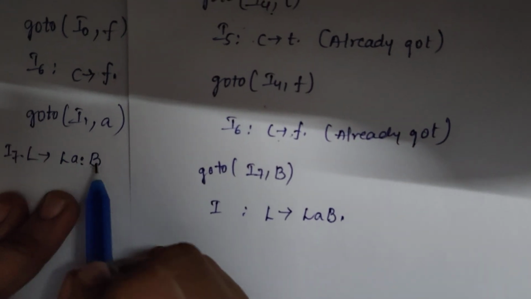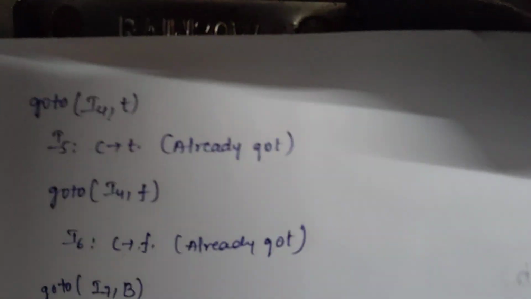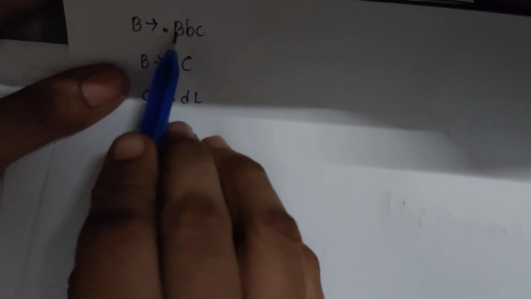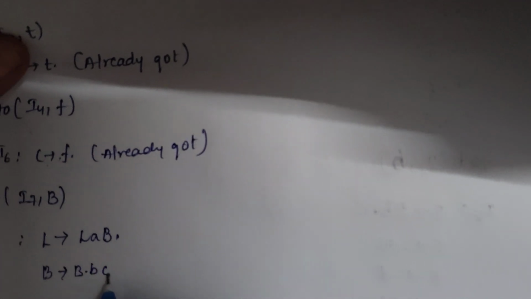Only one we don't have, we have another B also. Check it out. See, here we have dot B. So this dot will be shifted here. Write B produces B dot BC.